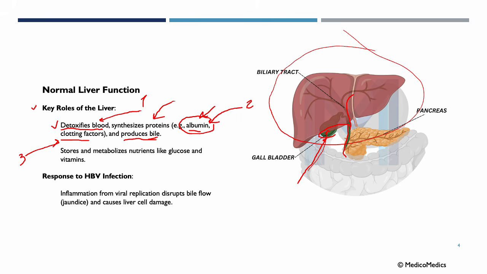So the role of bile is also crucial. Bile is essential for digestion and for absorbing fats and fat-soluble vitamins like vitamins A, D, E, and K. We have a dedicated lecture on the different vitamins, both the fat-soluble ones and the water-soluble ones.